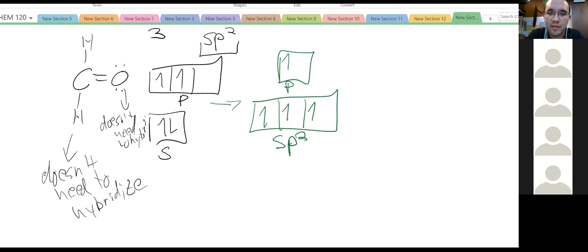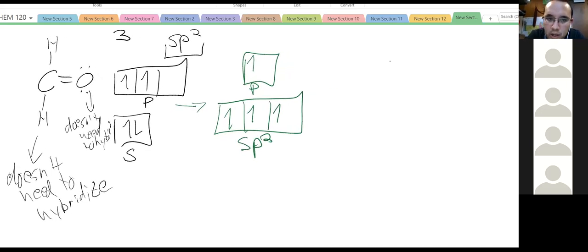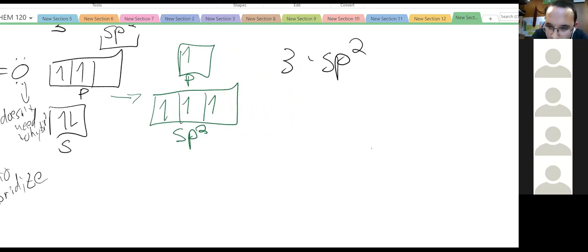So carbon is going to have this interaction between its sp2s. It's got 3 sp2 orbitals that are going to be involved in that. So when we start to draw this, we have our carbon here.